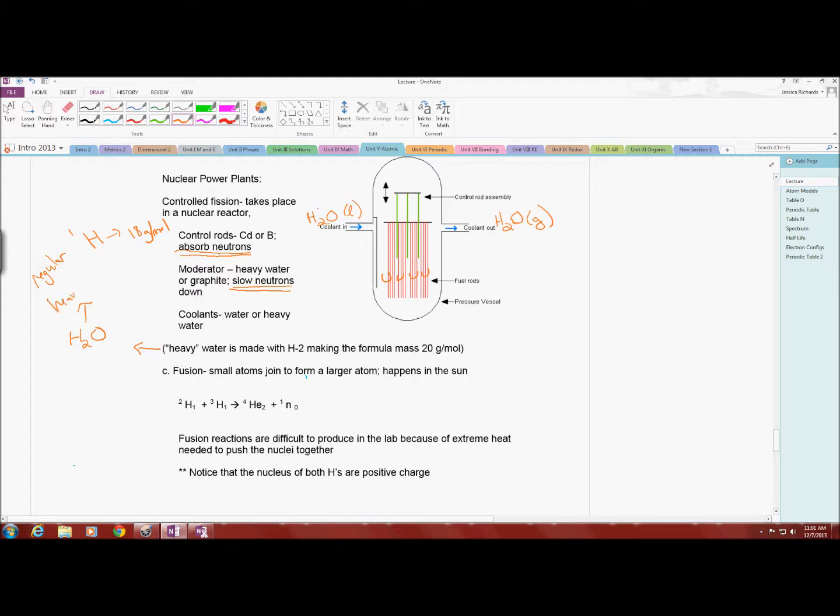In heavy water, your hydrogen is typically an isotope called deuterium. It has a mass of 2. So if I have 2 hydrogens with a mass of 2, that's 4 plus my 16. That gives me a formula mass of 20 grams per mole. So it's heavy compared to regular water, and it can absorb more energy. So that's all heavy water is.